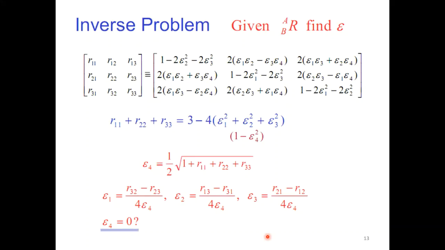Now, let's look at the inverse problem, right? Because the reason we first thought of Euler parameters is because there is an inverse problem in Euler angles. When beta is 90 degrees, the mathematics fail.